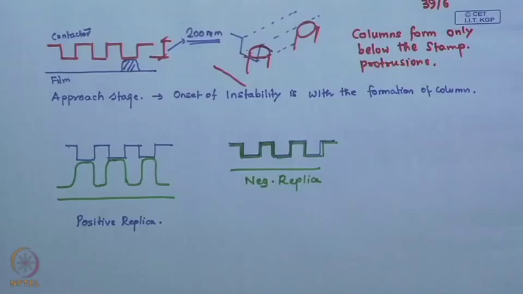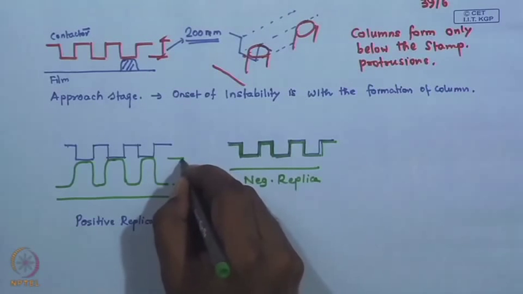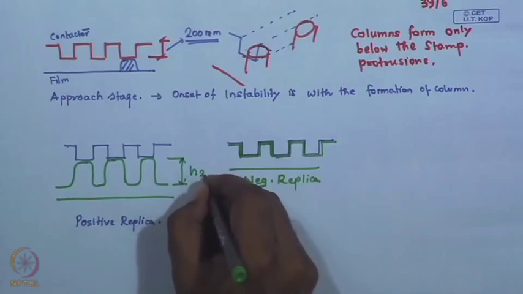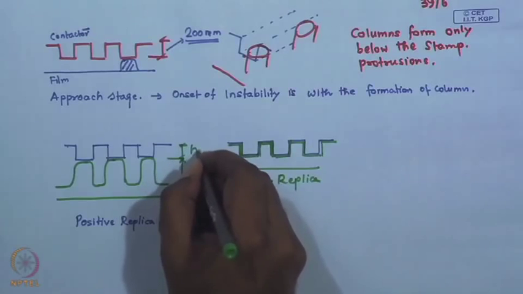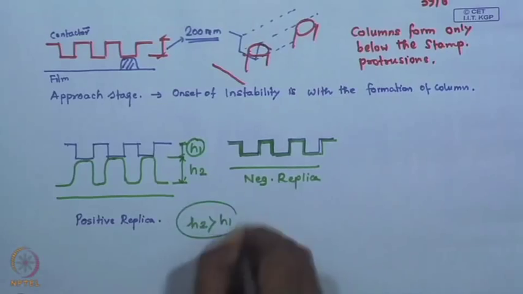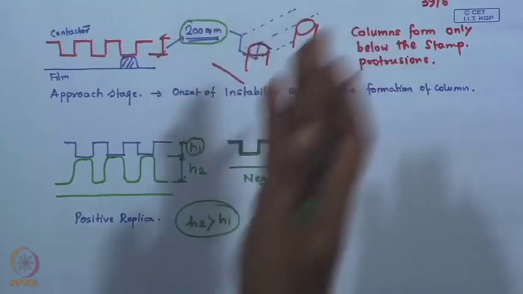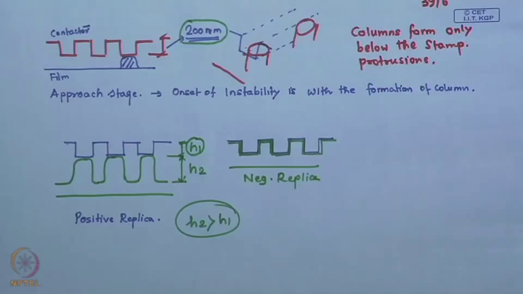But if you do an AFM scan and find out the feature height, say the feature height was H2 and the stamp or contactor feature height was H1, it was seen that H2 was higher than H1. Using a stamp with a 200 nanometer feature height, it was possible to obtain around 400 nanometer high structures, which is never possible if a negative replica is forming.